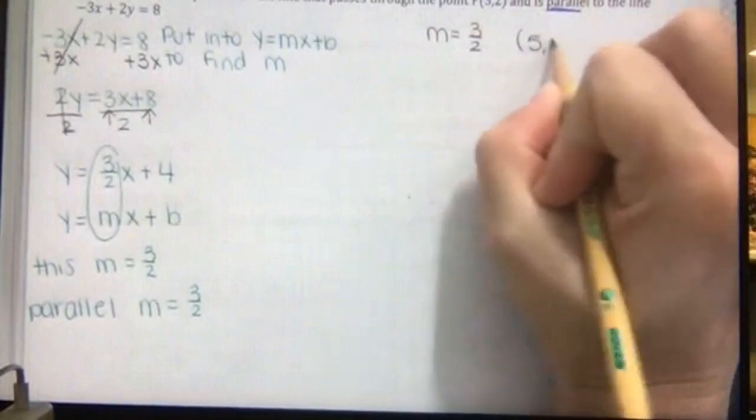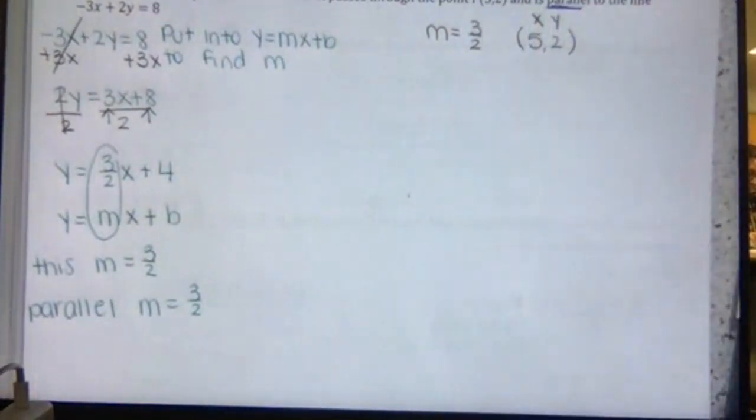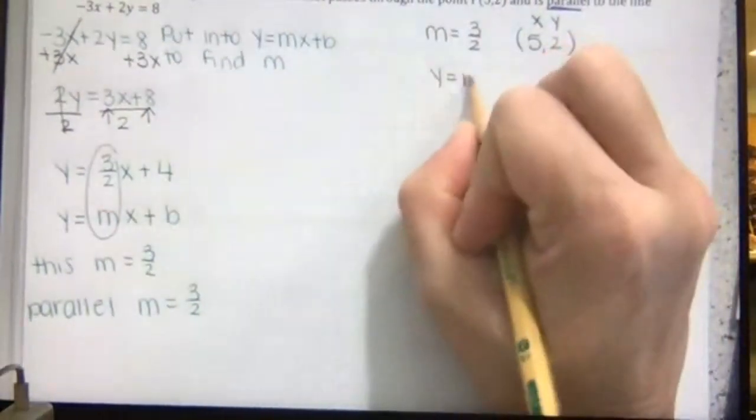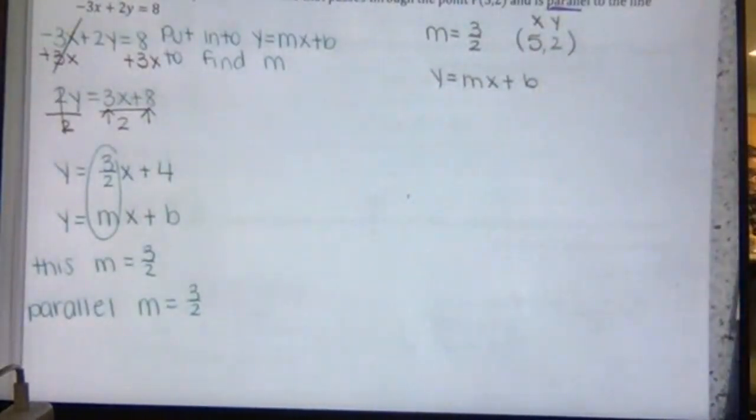And the point they gave us was 5, 2. They gave us x is 5, y is 2. So now, just like every other problem, we can plug in what they give us into y equals mx plus b.